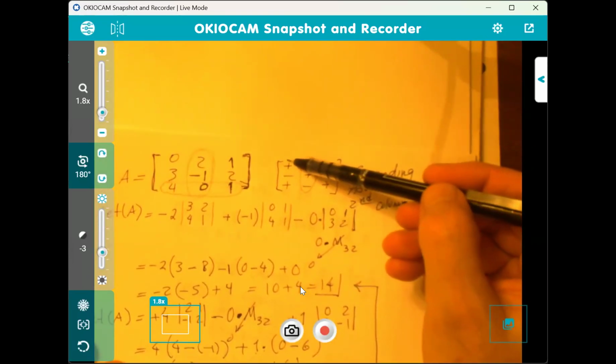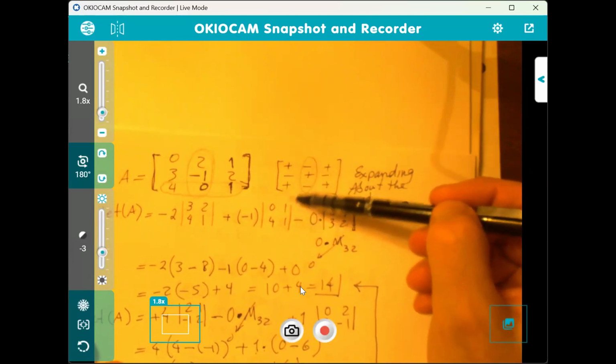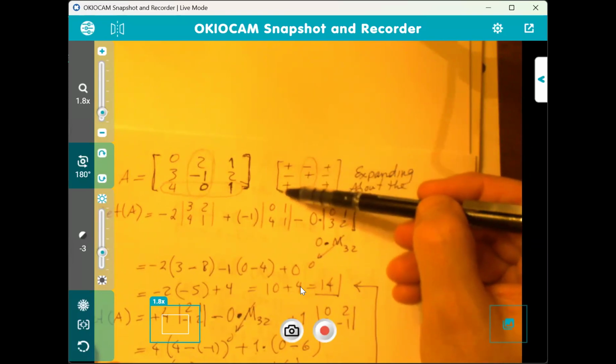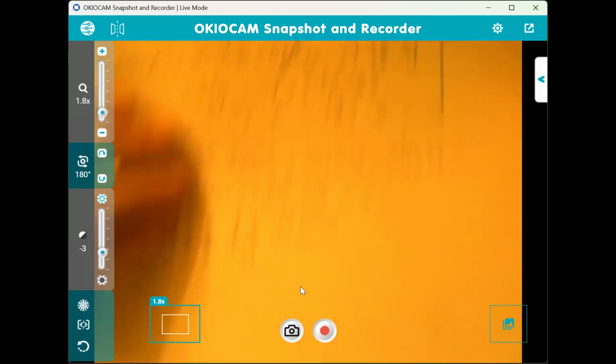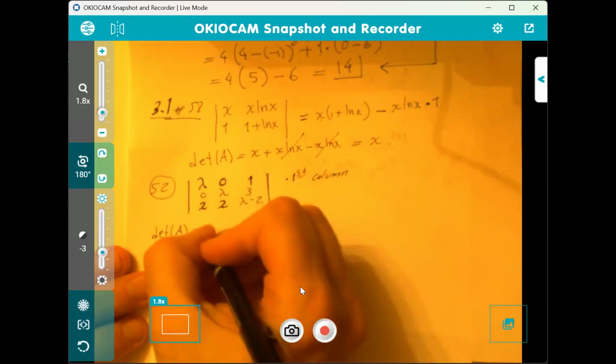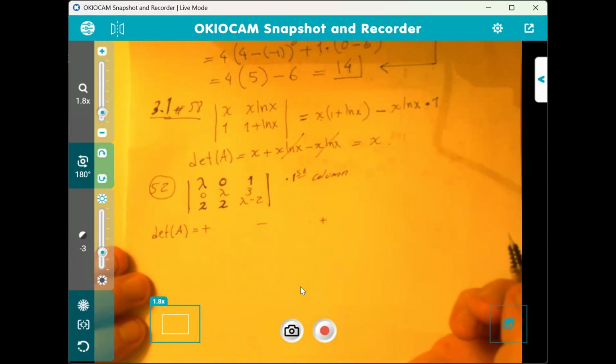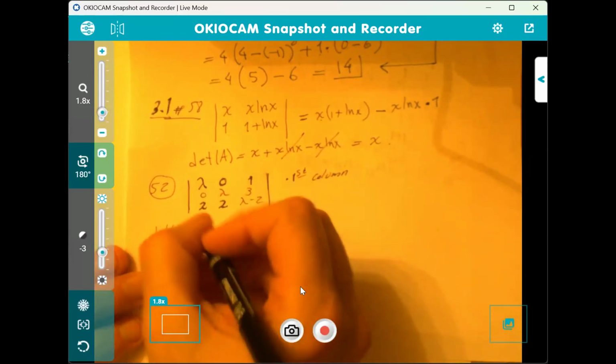For the first column, the signs are plus, minus, plus, right? So I'm just going to copy these signs first. Plus, minus, plus.